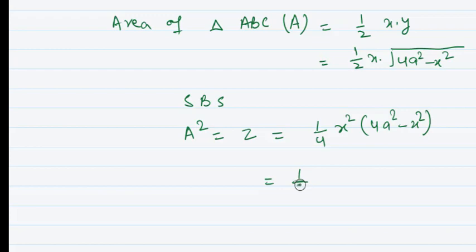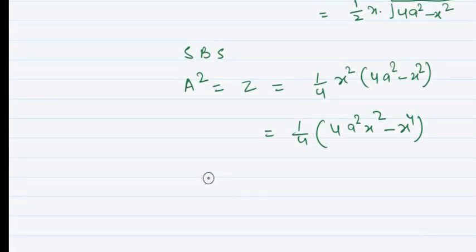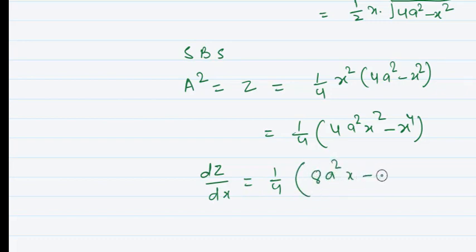So it is 1 by 4 a square x square minus x power 4. Here I multiplied it inside to avoid product rule. You can directly find the derivative as well. Okay. So now the next step is calculate derivative dz upon dx, which is 1 upon 4 into 8a square x minus 4x cube.